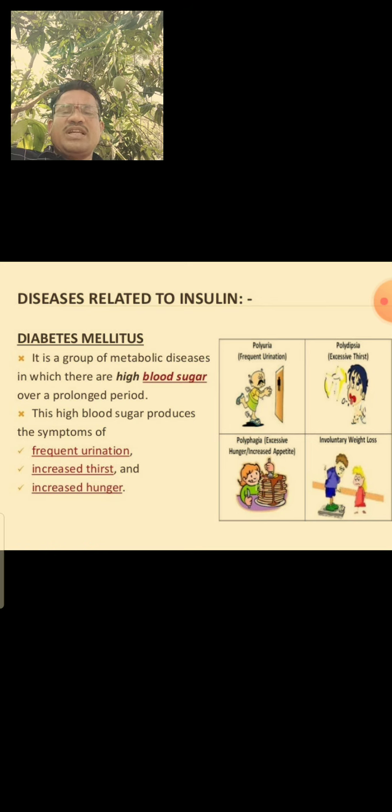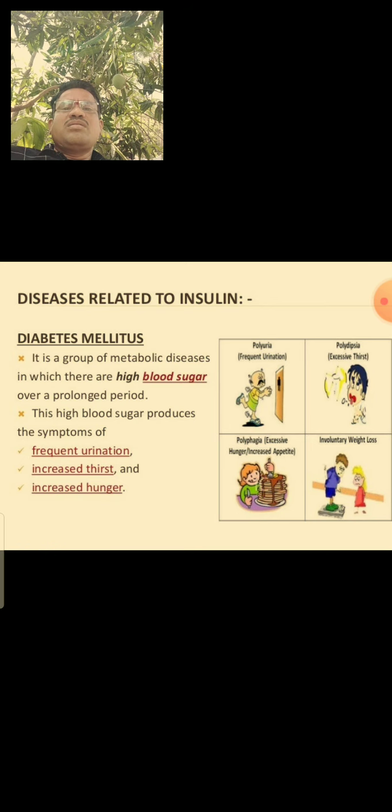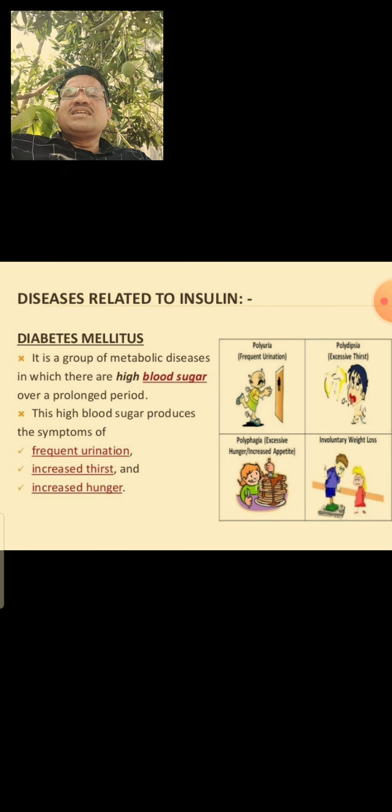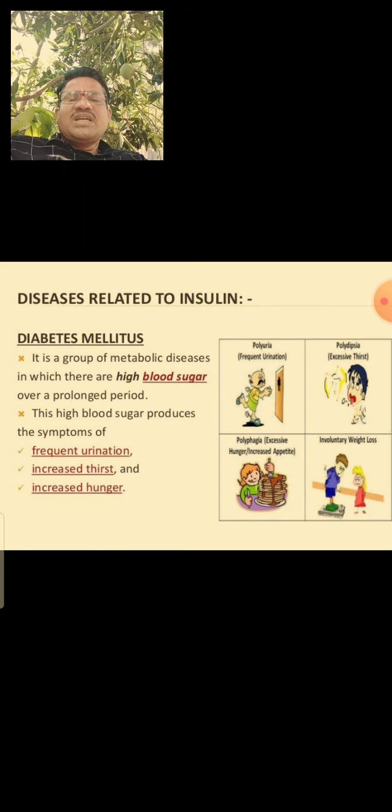Tasty urine, why? Because sugar molecules are present in urine. Frequent urination, increased thirst and increased hunger: these three things are present in the diabetes mellitus condition.